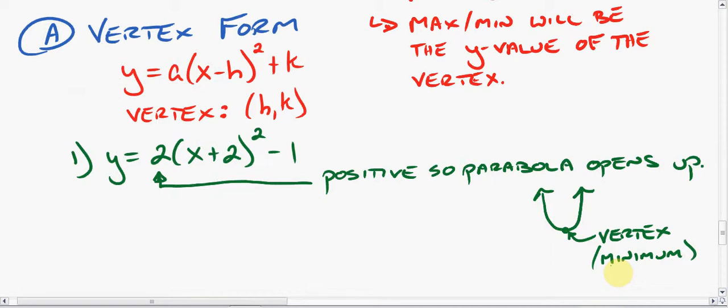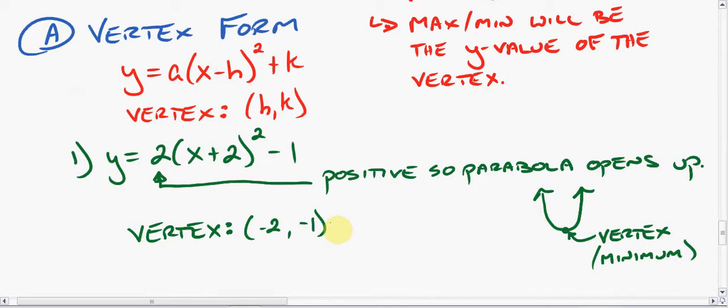So let's find the vertex. Well, that's easy to do. My vertex is going to hold the value h and k. H is here. Remember, h is opposites. So since I see a positive 2, I know the x value is negative 2, or the h value is negative 2. Then I go ahead and look at my k. Say negative 1, we hold the same value there, so my vertex is negative 2, negative 1.